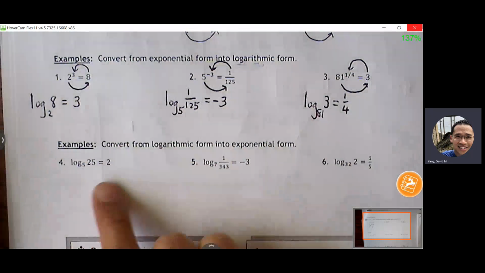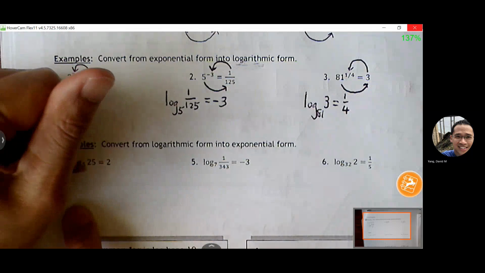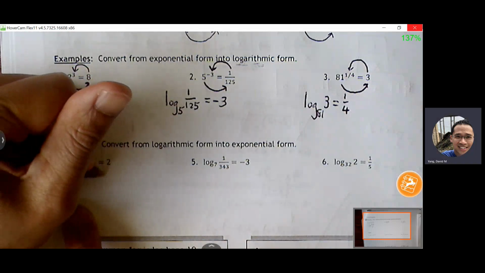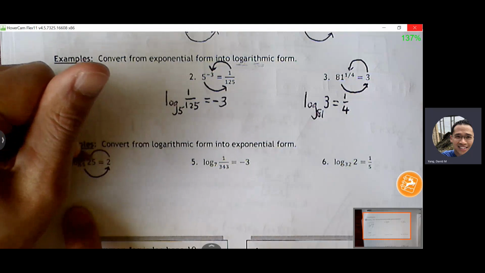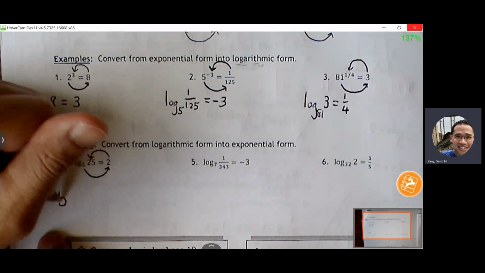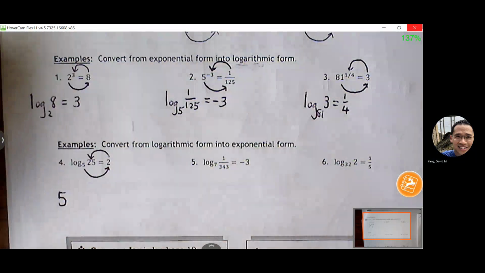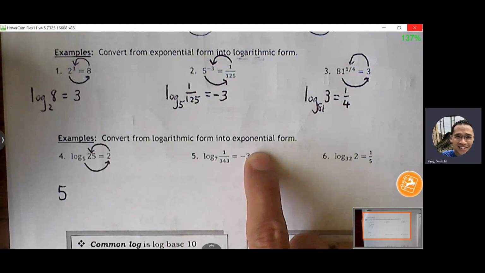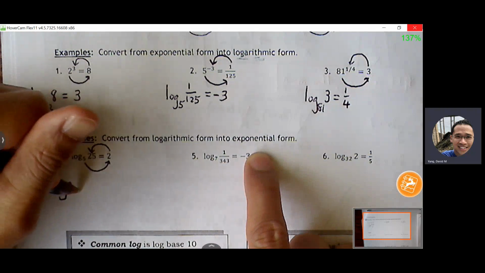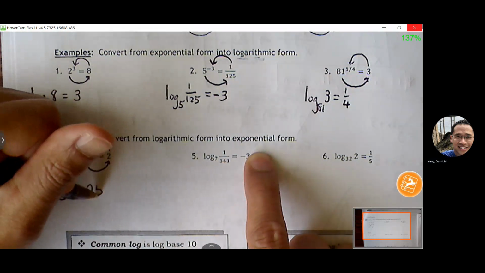Okay. Same idea. Start with a base. Move to the other side. 5 raised to the value is equal to this. So what does this look like? 5 to the power. Yep. Is equal to 25, right?